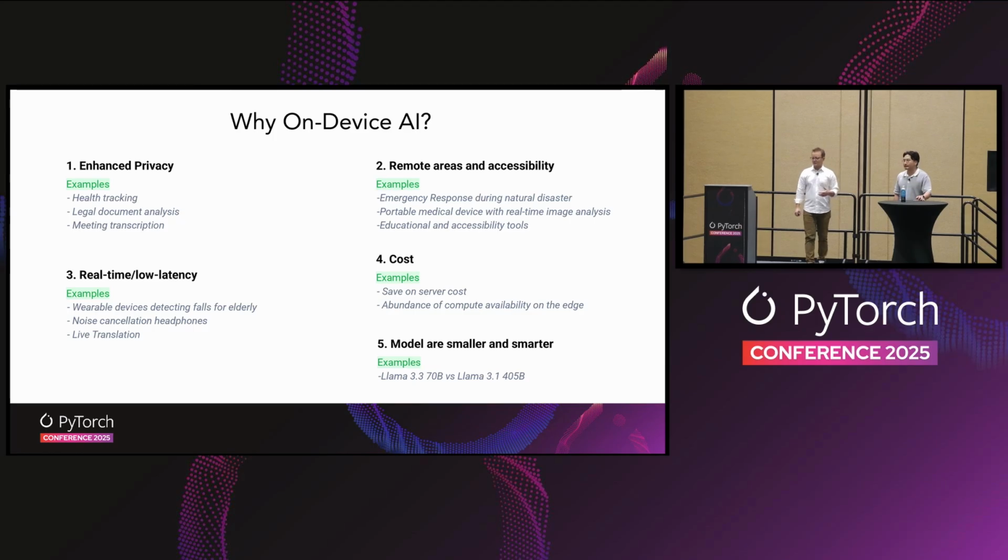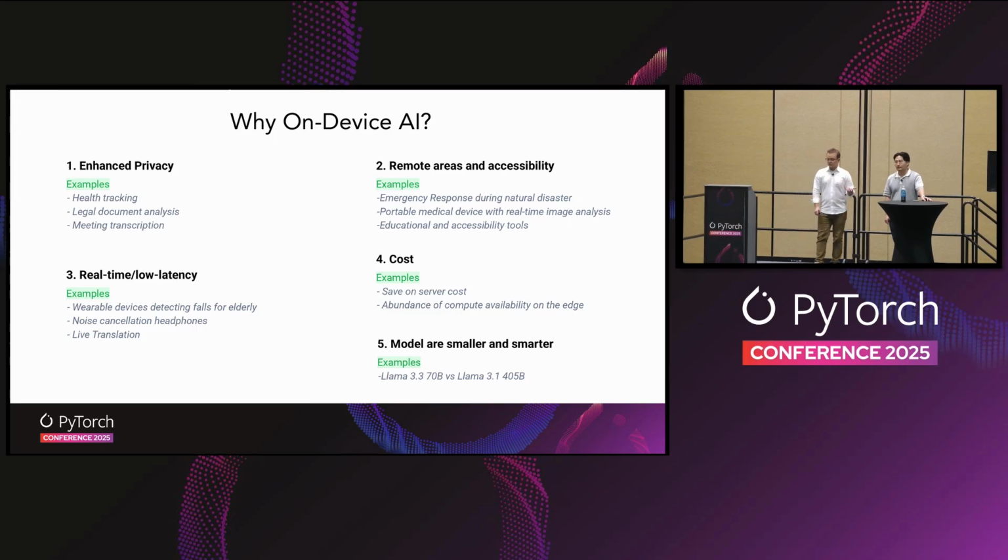ExecuTorch is PyTorch's on-device AI solution. We have been building ExecuTorch to enhance privacy, right, by making your data stay within your device. For example, you can do translations for WhatsApp.